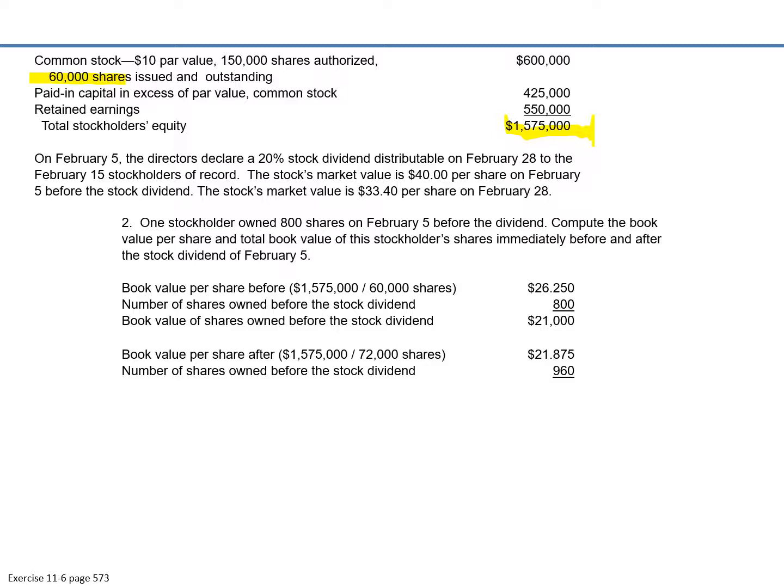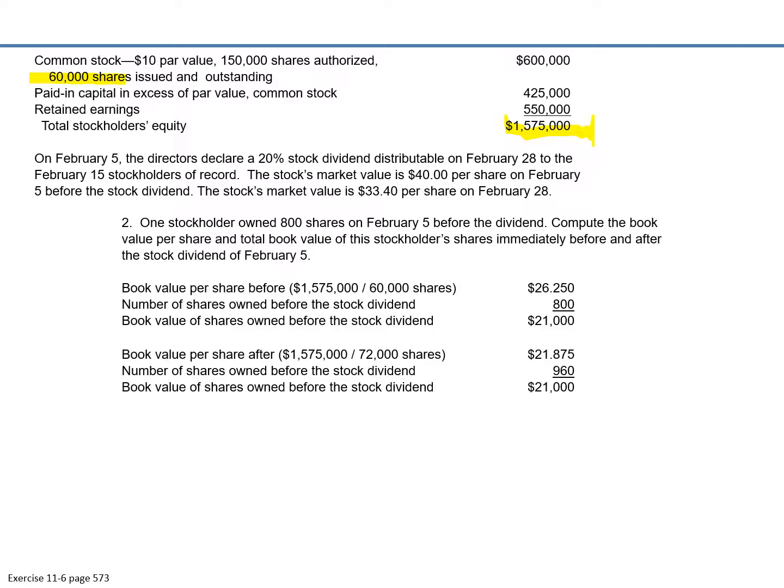So if you take 800 shares times 20% for that particular stockholder, 800 times 1.2, he has 960 shares after. That's an additional 20% of the 800 he originally had. 21.875 times 960 shares. The total book value is still $21,000.